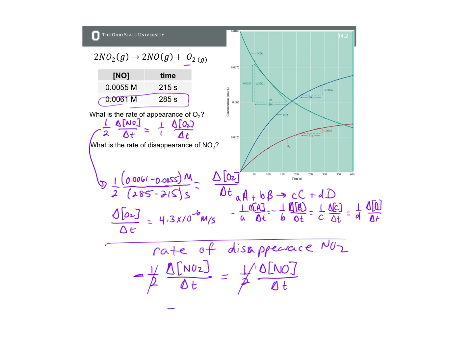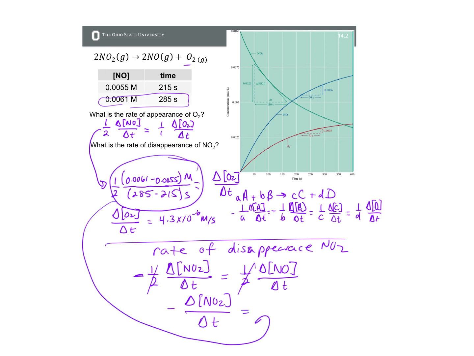So the change in the concentration of NO2 with the minus sign in front of it is equal to this, which was 8.6 times 10 to the minus 6 moles per liter per second.